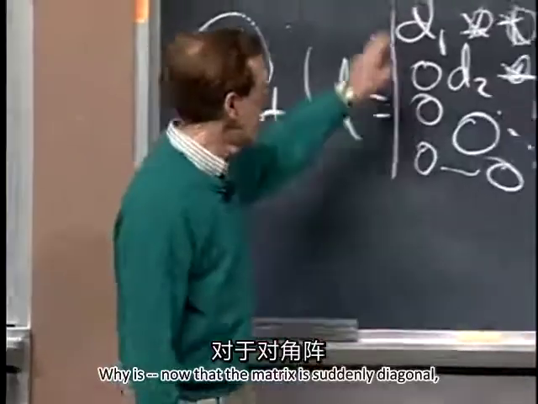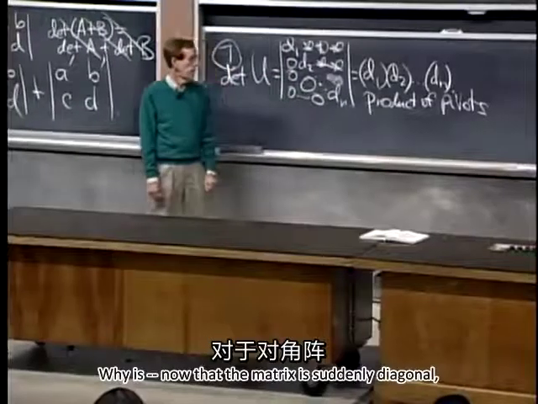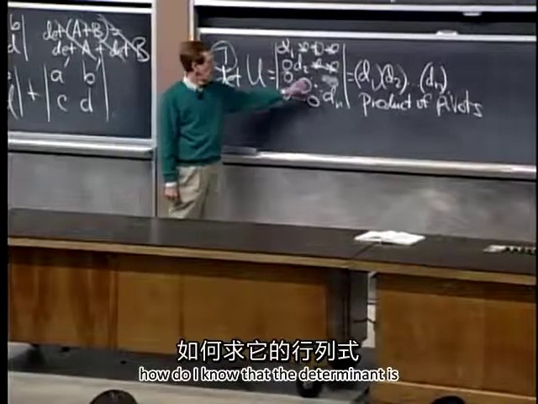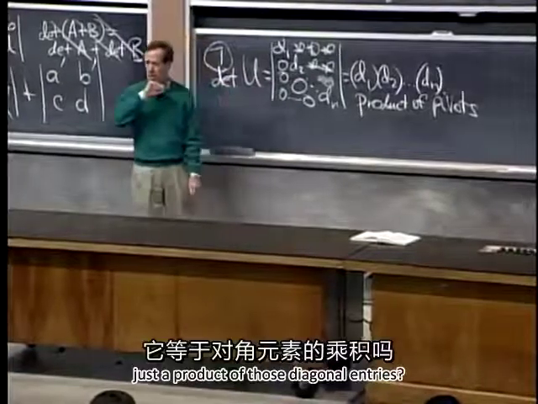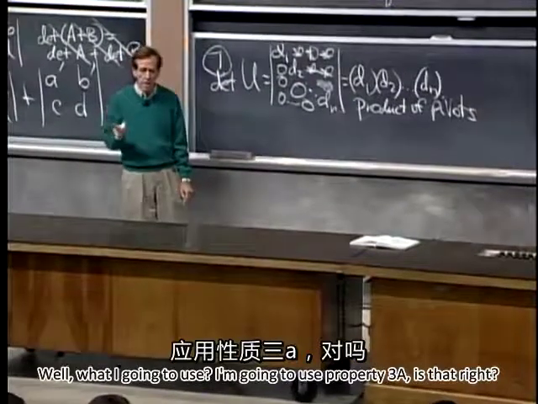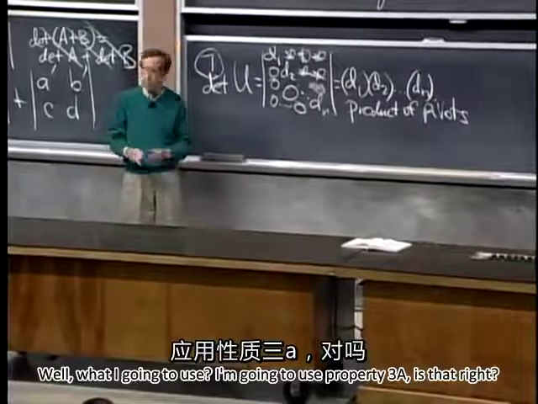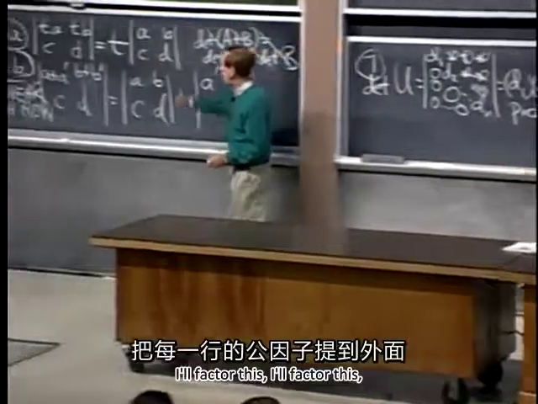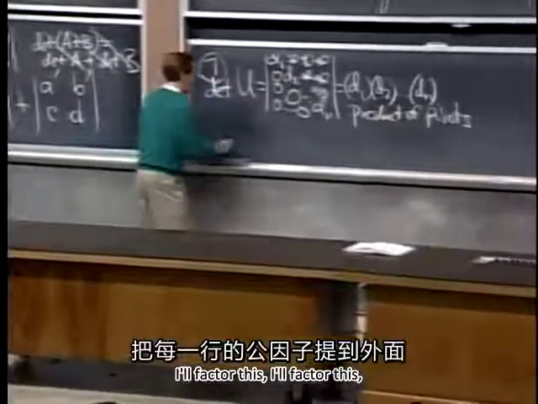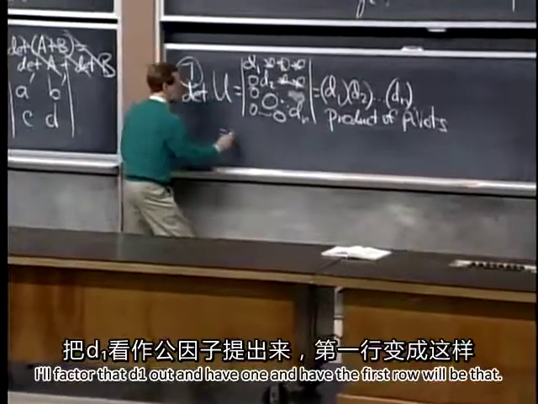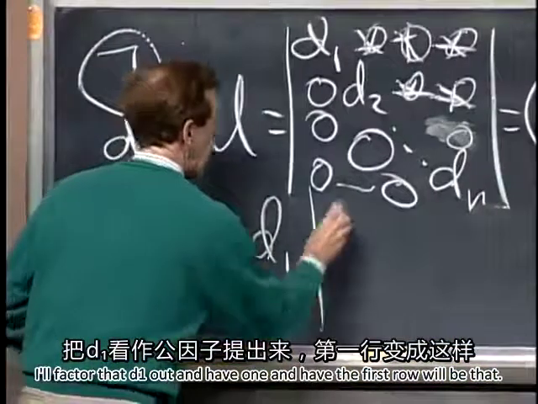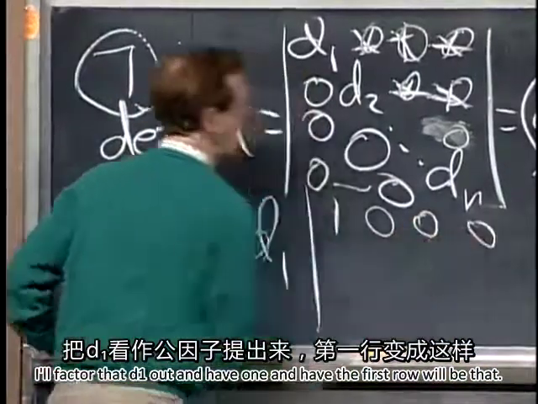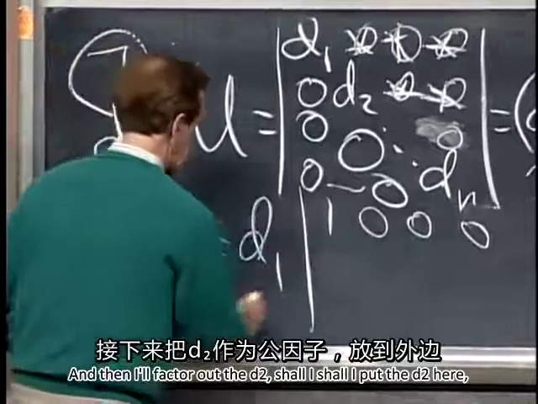Now that the matrix is suddenly diagonal, how do I know that the determinant is just the product of those diagonal entries? Well, what am I going to use? I'm going to use property 3a, is that right? I'll factor that d1 out and have 1 in the first row. And then I'll factor out the d2.